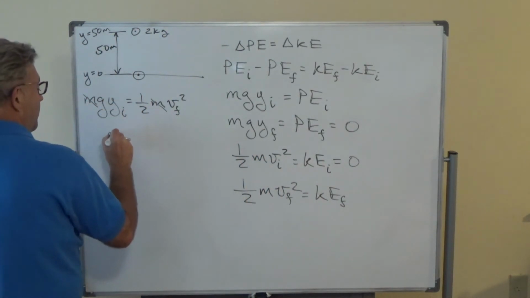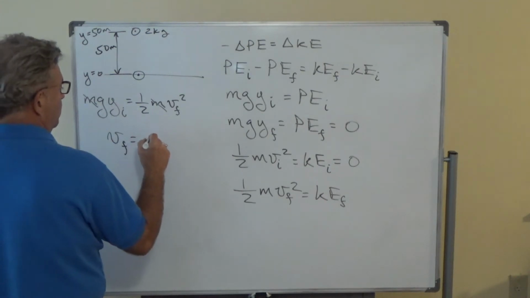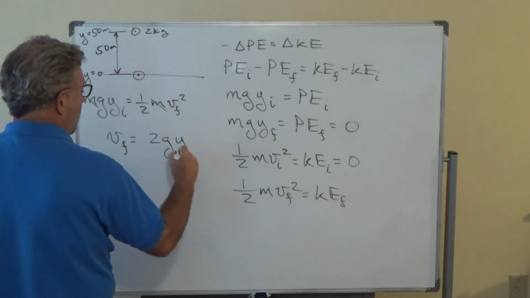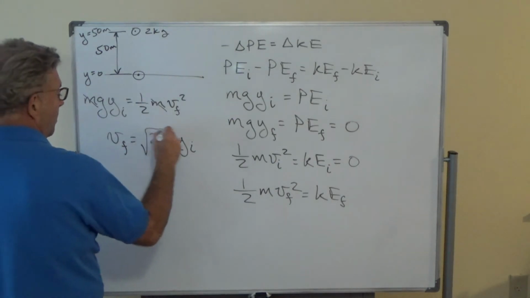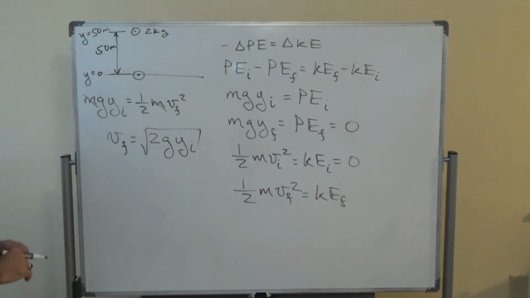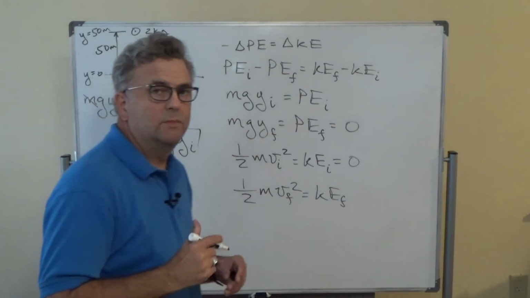So I get v final is equal to the square root of 2g y initial. I'm moving that 2 over here underneath the radical.